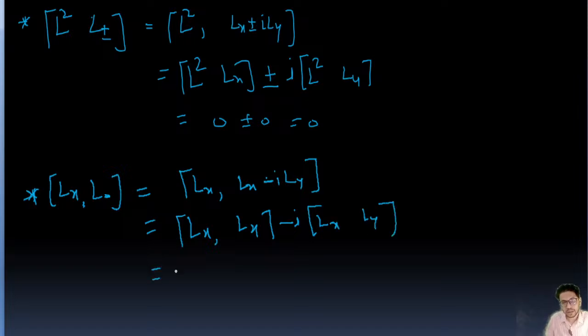Commutation of Lx with Lx is 0, minus iota, this is Lx Ly in cyclic order, so iota h cut Lz. So this is going to be minus iota square, and minus iota square is minus 1. This is going to be plus h cut Lz.